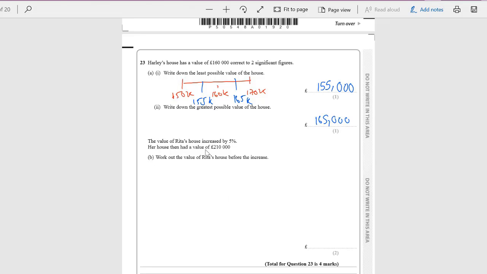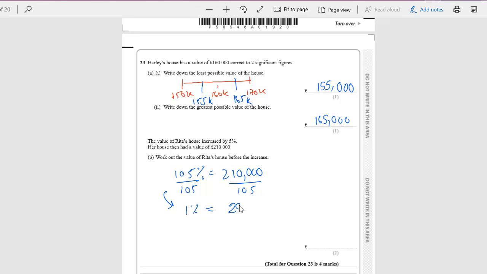The value of Rita's house increased by 5%. Her house then had a value of 210,000. Work out the value of Rita's house before the increase. So her house went up by 5%, which means 210,000 is 105%. So if you divide this by 105, you will get 1%.